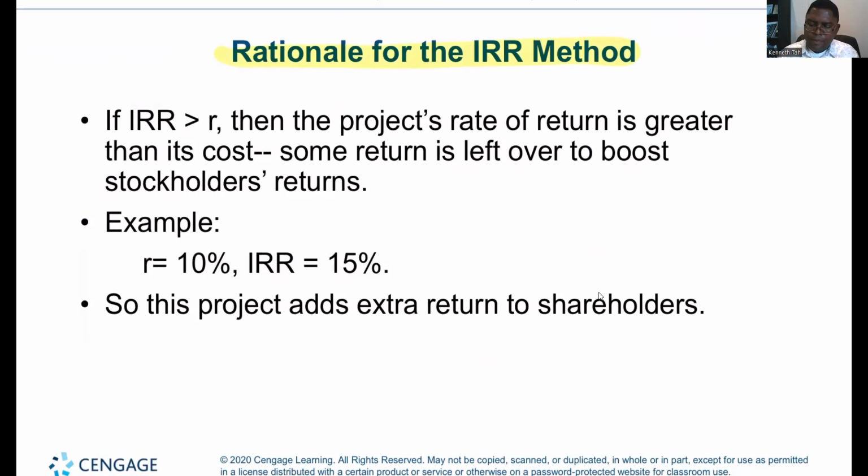If the cost of capital is 10%, for example, so cost of capital, what we call the weighted average cost of capital, is equivalent to 10%. That's the rate that it costs the company to get money. If this company is investing that money in a project, we will want that project to generate a return that is greater than the cost of capital. So we can think of it in this way.